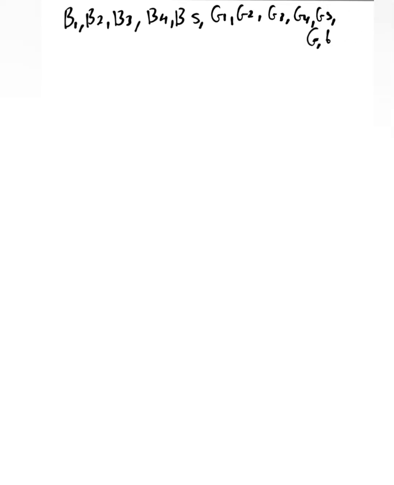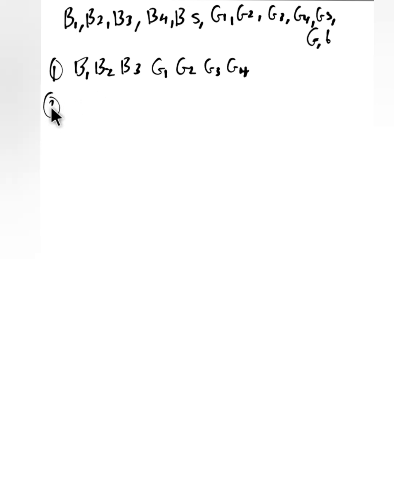We need 3 boys and 4 girls, so the first combination can be B1, B2, B3, which are 3 boys, then 4 girls, G1, G2, G3, G4. This can be one of the committees.